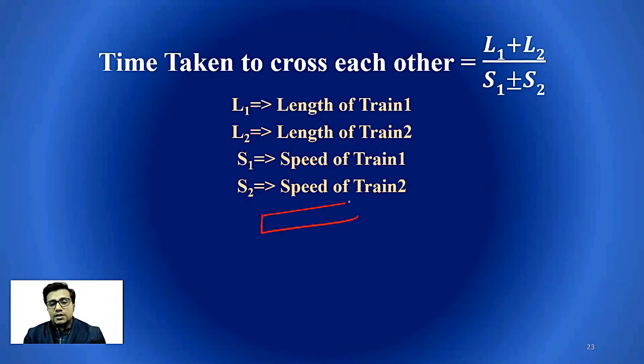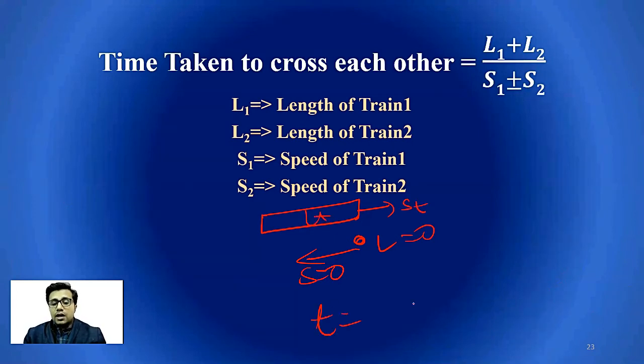Similarly, when the train is crossing a lamppost, the length of lamppost is 0. In the horizontal direction, the length is 0. The speed of the lamppost is 0. And that's why the formula will become L1 length of train, L2 length of lamppost, S1 speed of train, and S2 speed of lamppost. So automatically the formula is coming LT by ST. Time taken by train to cross the lamppost, LT by ST. Same formula will be applicable for a man who is stationary.